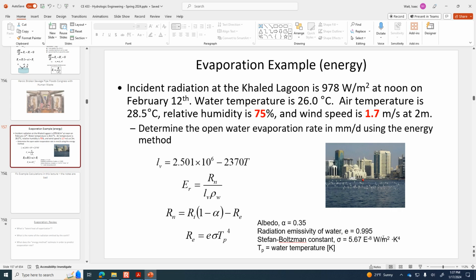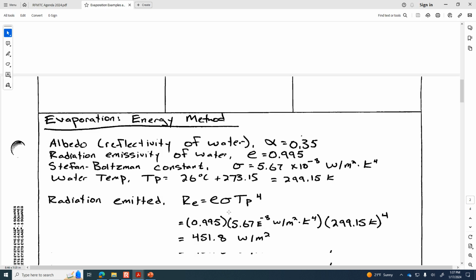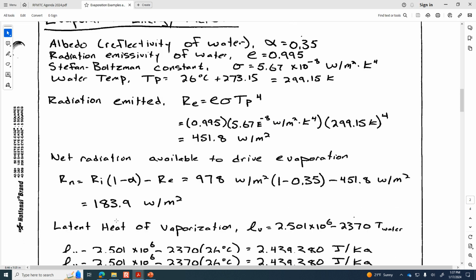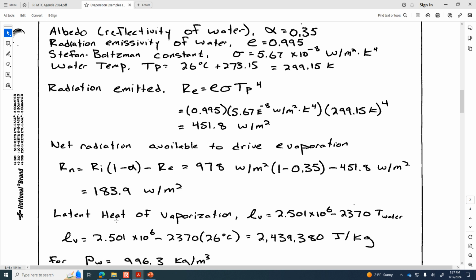Okay, so let me refer here to the handwritten notes. So we've calculated the net radiation and the latent heat of vaporization.